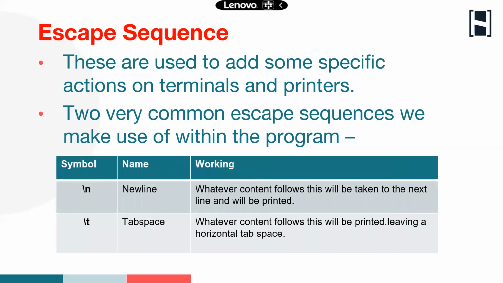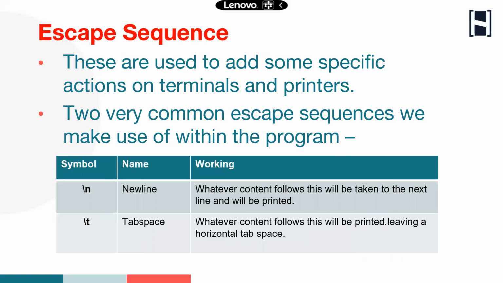The first one is \n. \n means new line. If I want the cursor to be moved to a new line, this is what I have to make use of. In the same way, the other escape sequence is \t. \t refers to a tab space between the first and the second word.